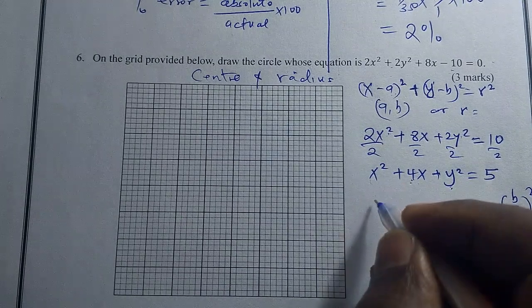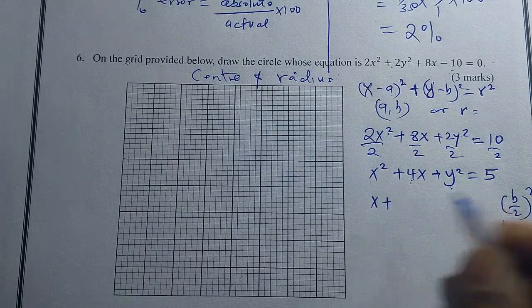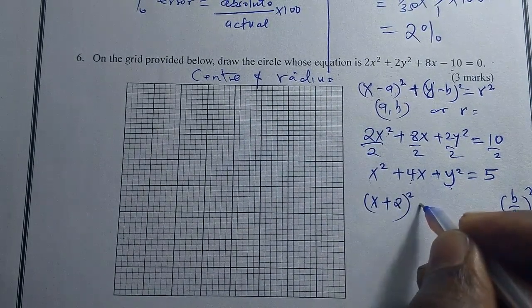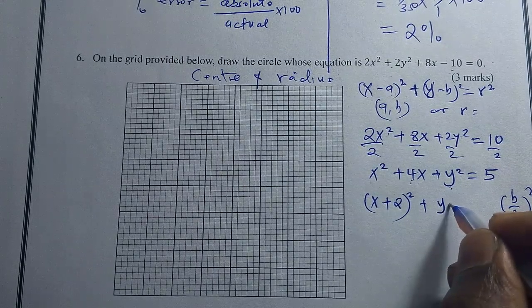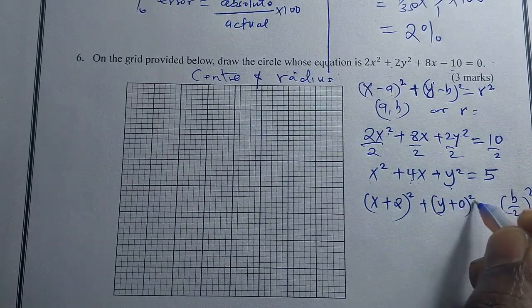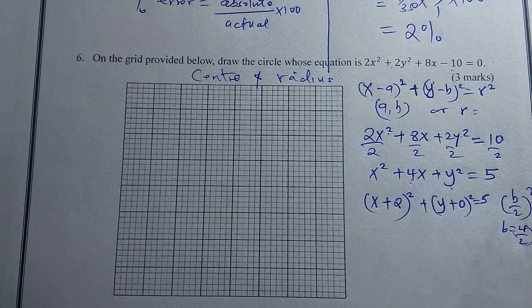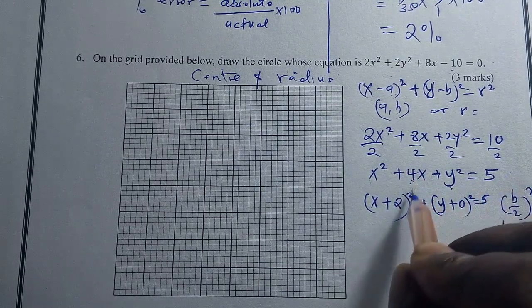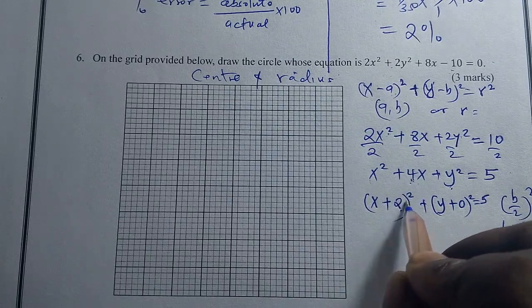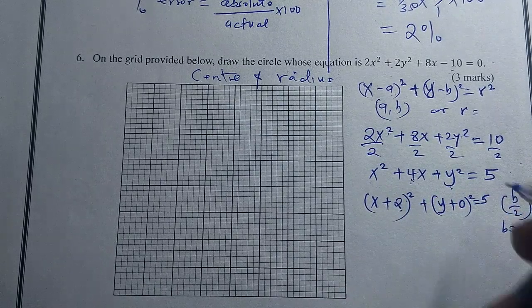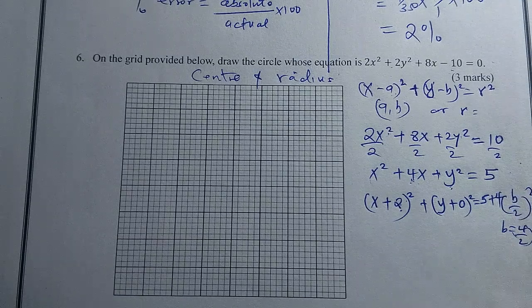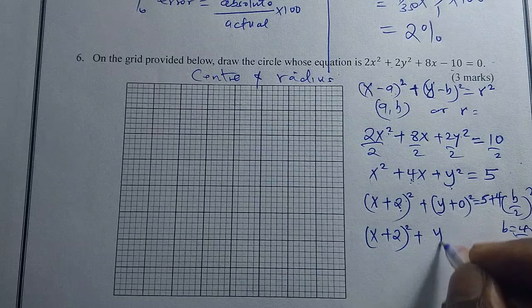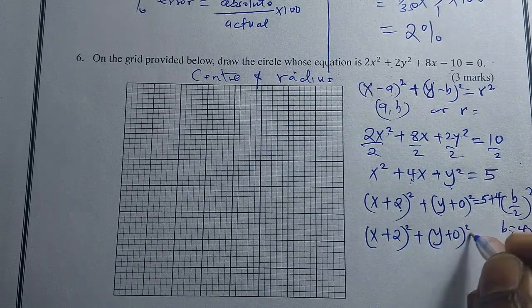So we are going to have x plus 2 squared plus y plus 0 squared is equal to 5. But remember, what we have done here, you need to add it on the other side. So 2 squared is supposed to be added on the other side, so plus 2 squared, which is 4. So x plus 2 squared plus y plus 0 squared is equal to 9.